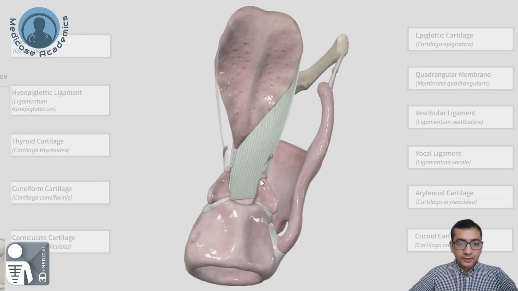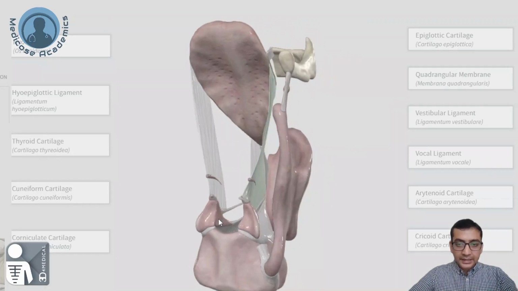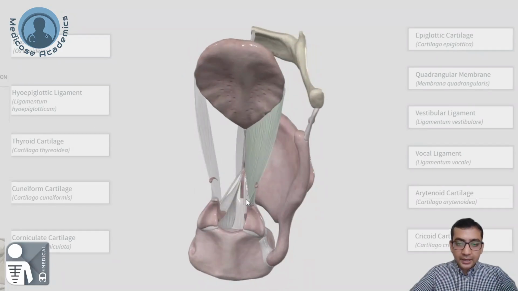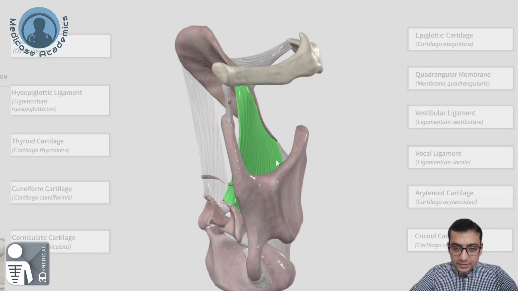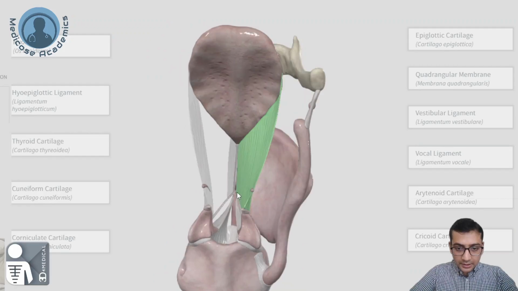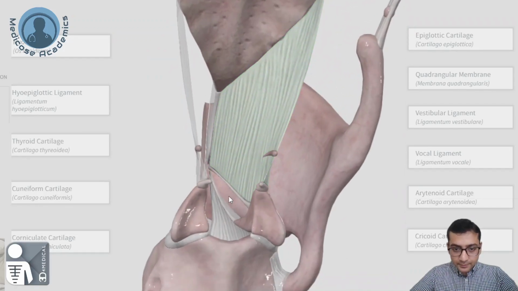If we look posteriorly, it is going downwards in the inner aspect of the thyroid cartilage. And here again, I'm going to remind you that it is making the medial wall of the piriform fossa that we saw earlier, and it is ending here in the free margin.